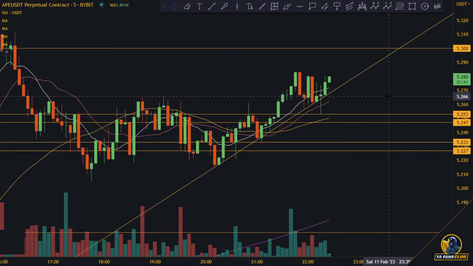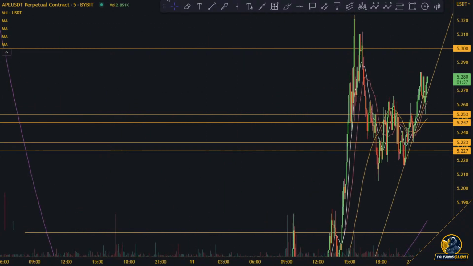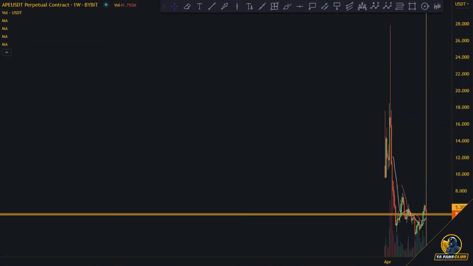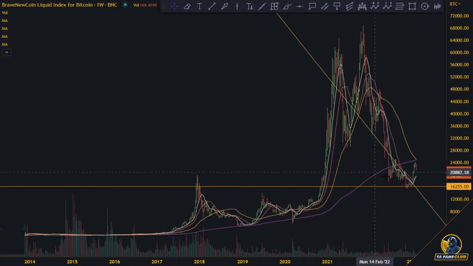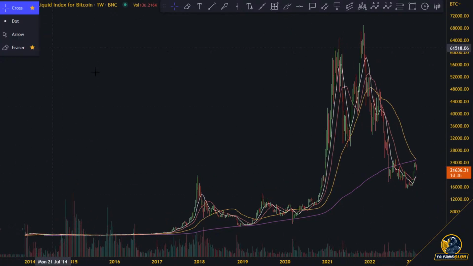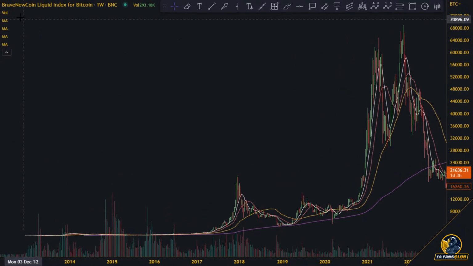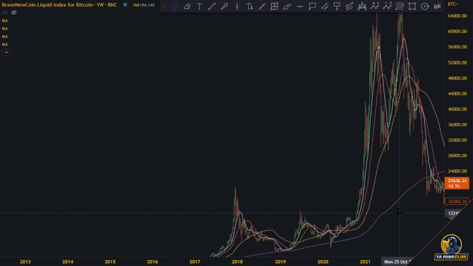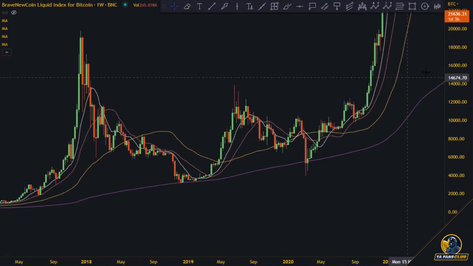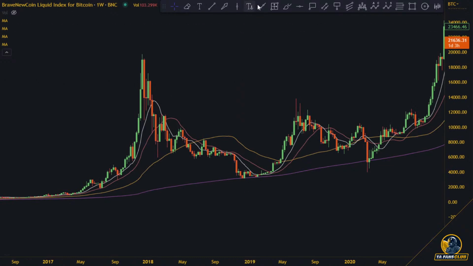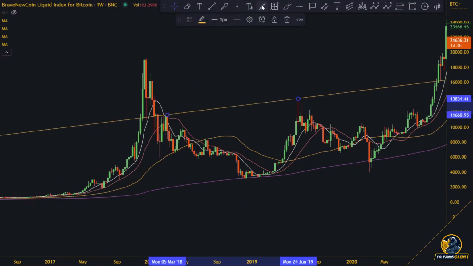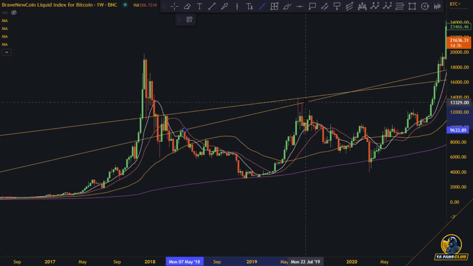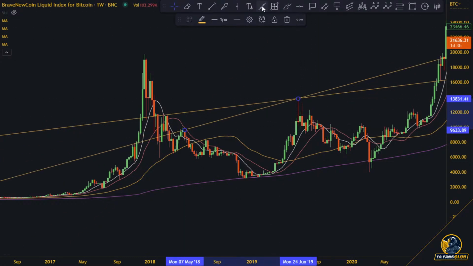Have you tried using spider lines? I always use spider lines. That's the very first thing everybody does when they start doing TA. You take the tops up here, and then you see the magic happen.